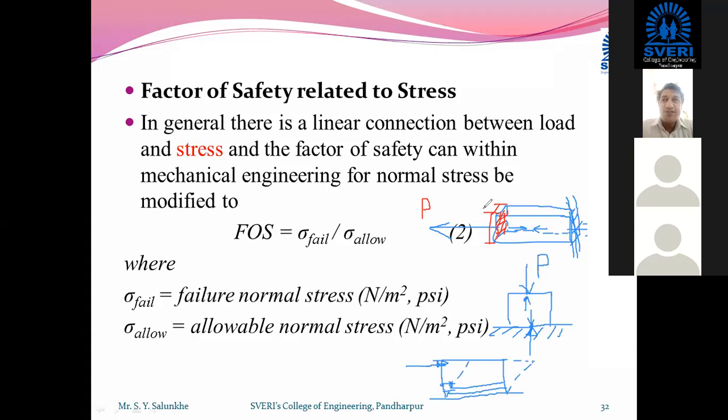If suppose T is the thickness and B is the height, then T multiplied by B is the resisting area. So force divided by T multiplied by B will be the tensile stress which is generated. Am I right?